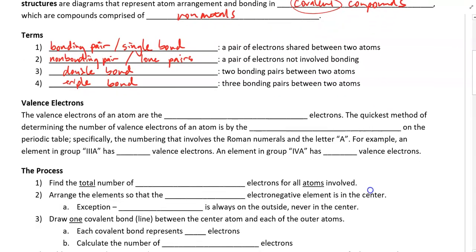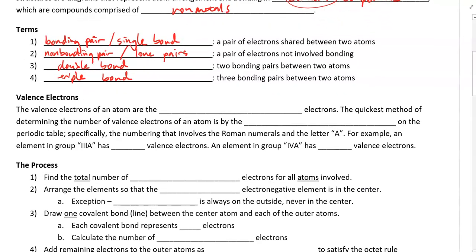The next thing we need to define is our valence electrons. Now, we've defined valence electrons in several ways up to this point, but the easiest thing that we're going to do is to identify them as the outermost electrons. The quickest method of determining the number of valence electrons of an atom is by the group number that the element is in on the periodic table.